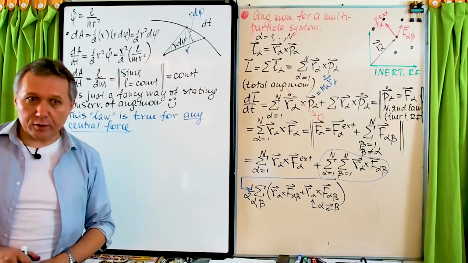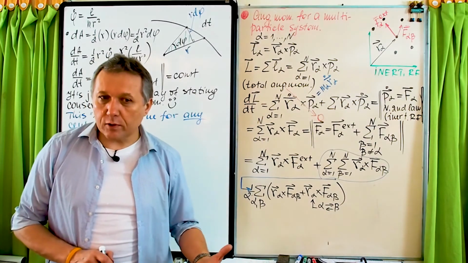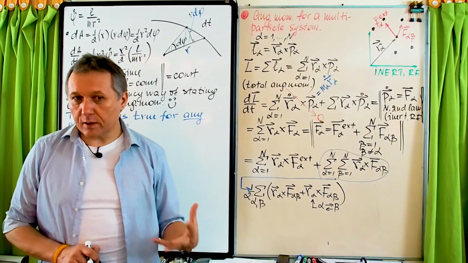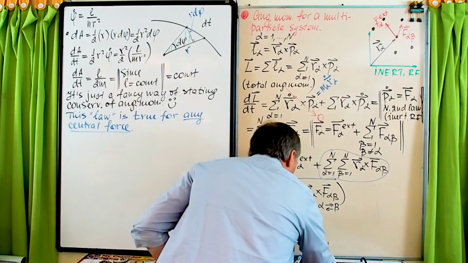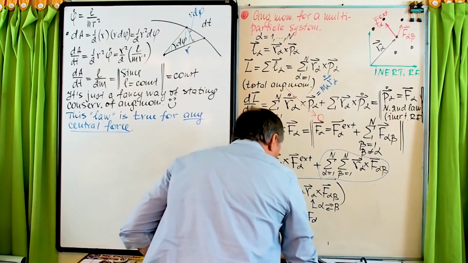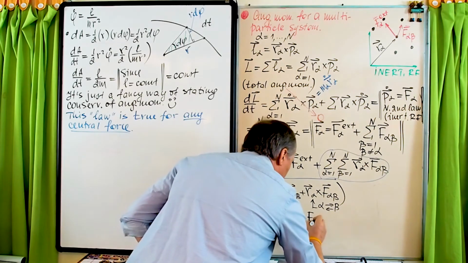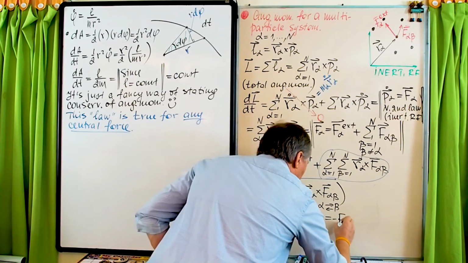And of course, now we need to impose an additional restriction. We're going to use Newton's third law. So we're going to assume that internal forces obey Newton's third law. So F beta alpha equals minus F alpha beta.